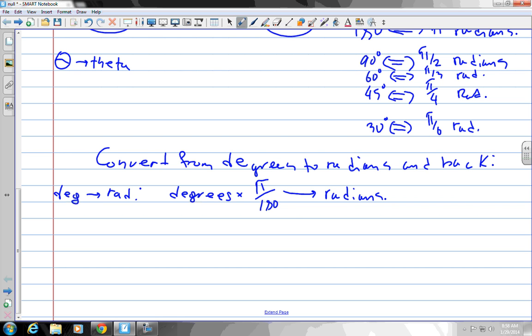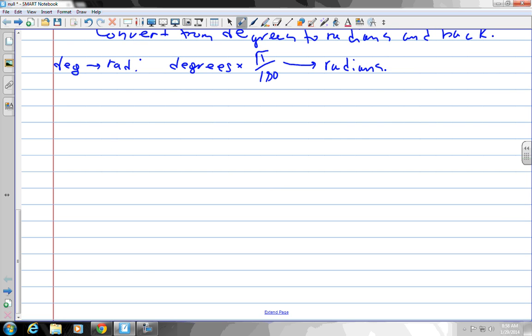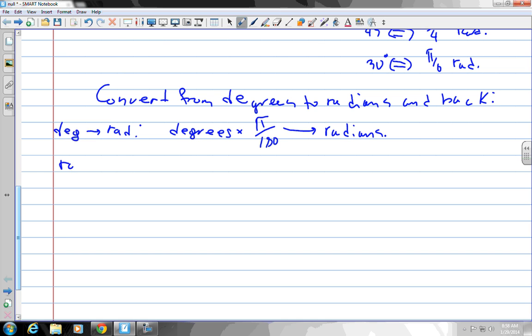And to convert radians to degrees, you have to take the radian measure and multiply it by 180 over pi. So that will give you the degrees.